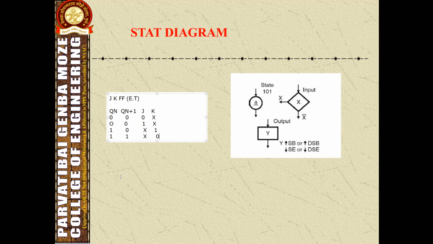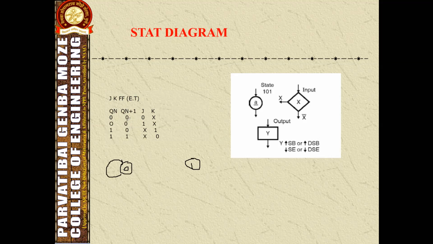So let's see. This is state 0, this is state 1. So state 0 to 0, what is happening here?